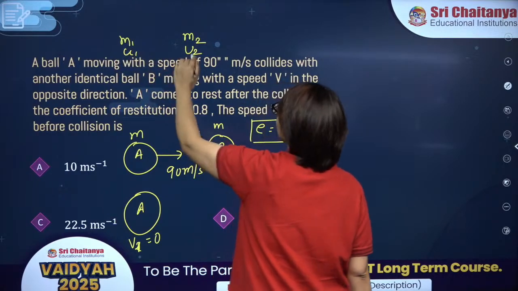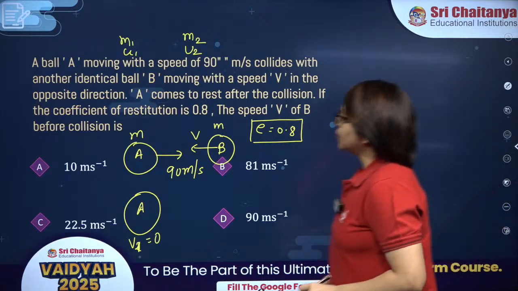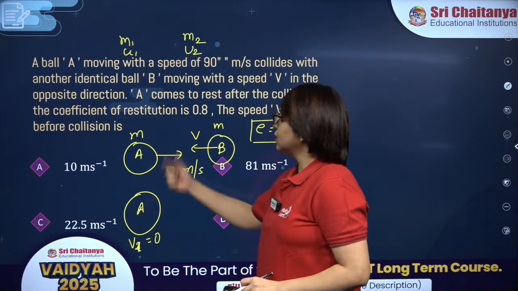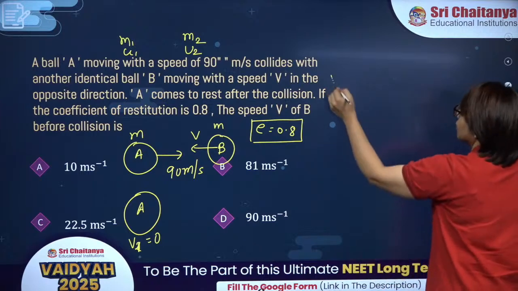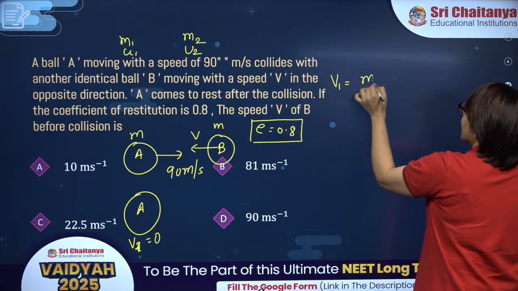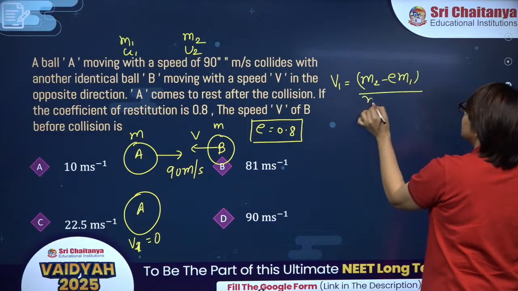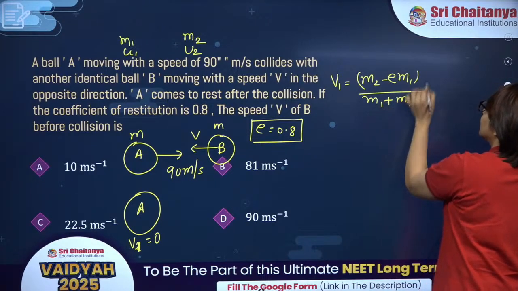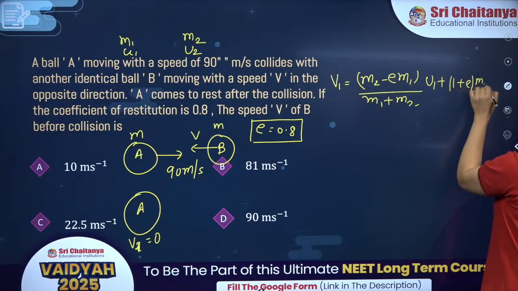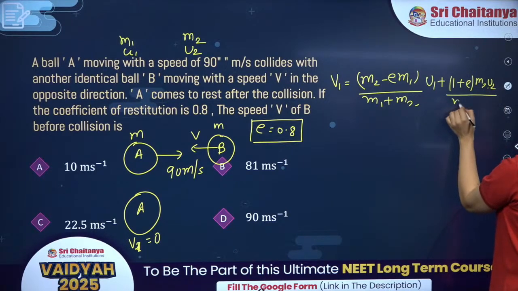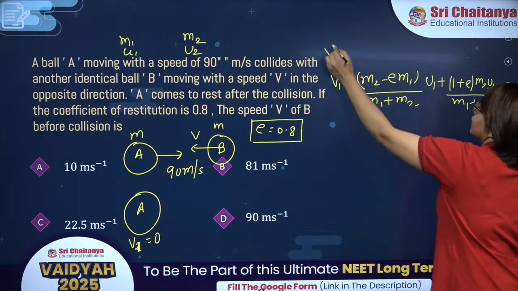So after collision, the velocity of mass 1 will be v1, which is (m1 minus e m2) divided by (m1 plus m2) times u1, plus (1 plus e) m2 u2 divided by (m1 plus m2). Same way you can write v2 as well.